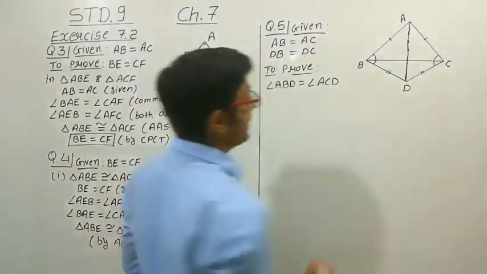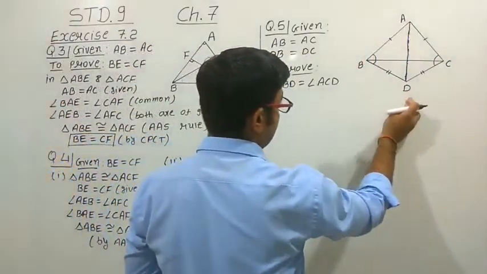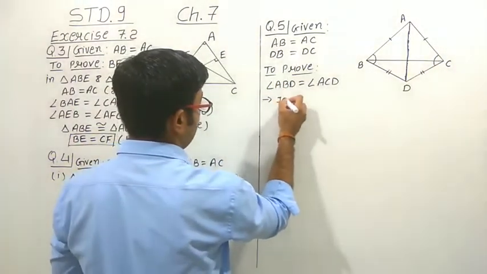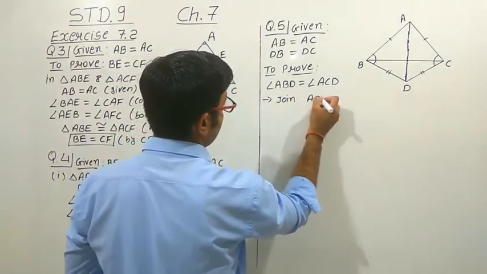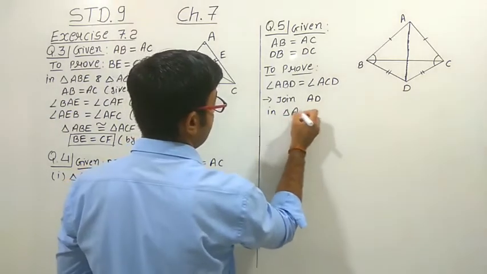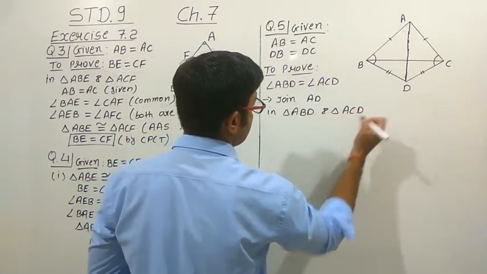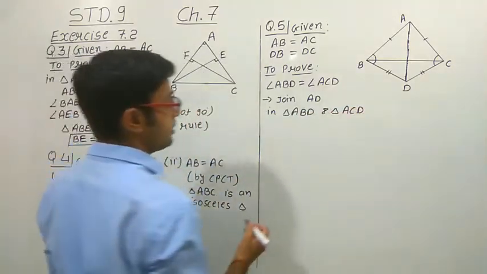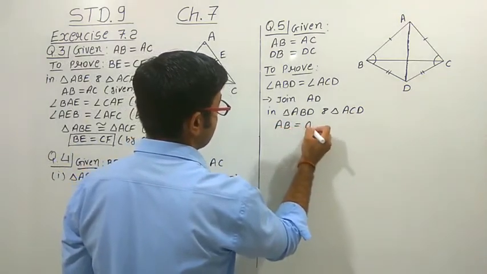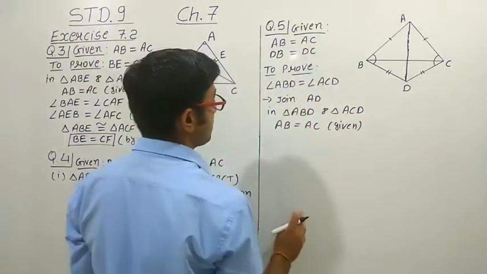When we join this AD, now two triangles are formed: one is triangle ABD and one is triangle ACD. So in triangle ABD and triangle ACD, what can we write down? AB is equal to AC, that is already given.